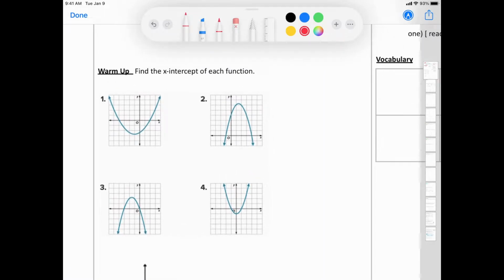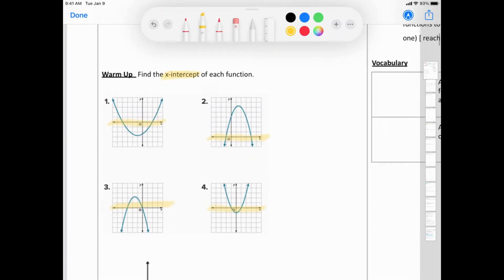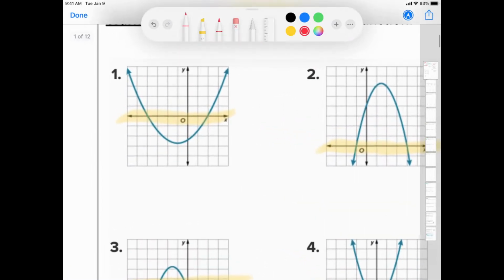All right, so let's go over a warm-up. It says to find the x-intercept of each function. Remember, the x-intercept is where it crosses the x-axis. Very specifically for question number 1, this graph crosses the x-axis in 2 locations.